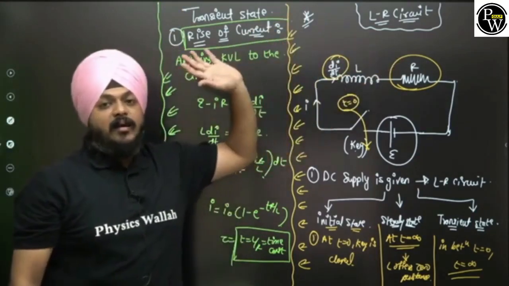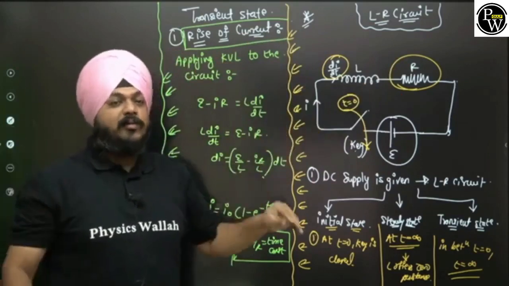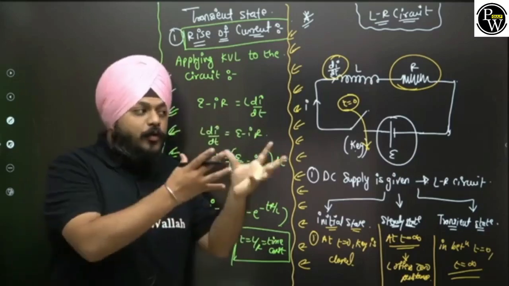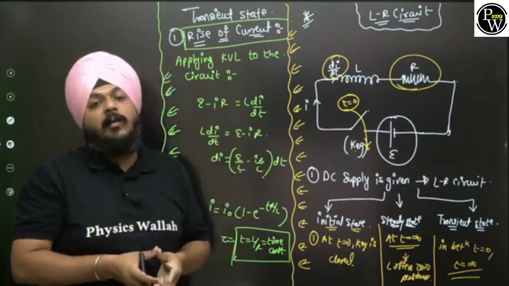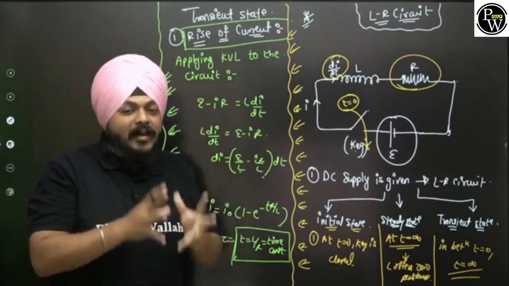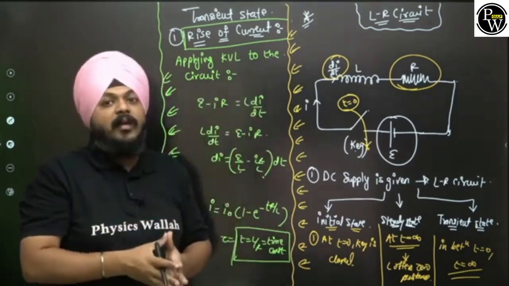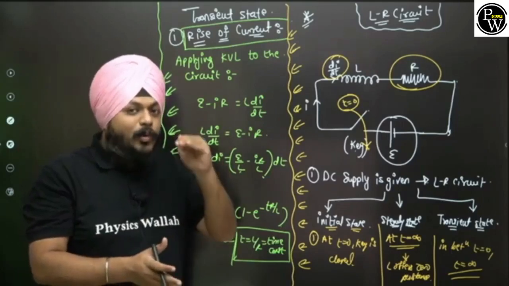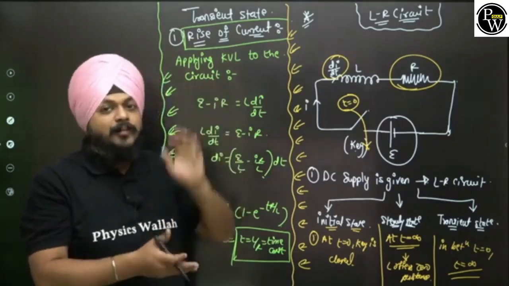The explanation is: the inductor was not there, and the current flowing in the circuit was constant. When the inductor is connected, it immediately stores the maximum amount of energy. For the amount of time the inductor takes to store the energy, the current slowly increases its value.